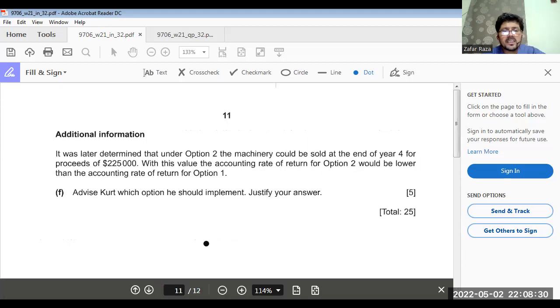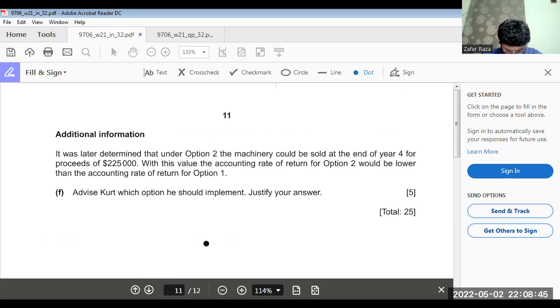It was determined that the machinery could be sold at the end of the year for proceeds of 2,25,000. With this value, the accounting rate of return for option 2 would be lower than the accounting rate of return for option 1. Advice: which option should be implemented? Justify your answer.